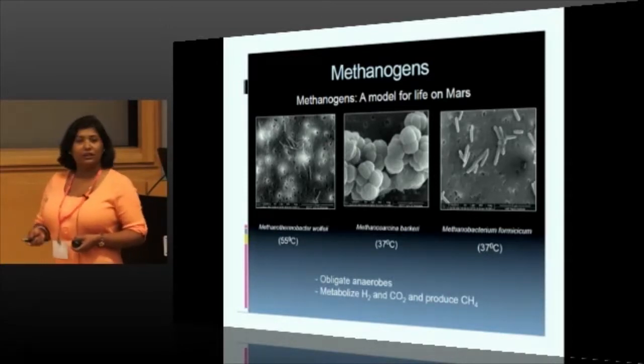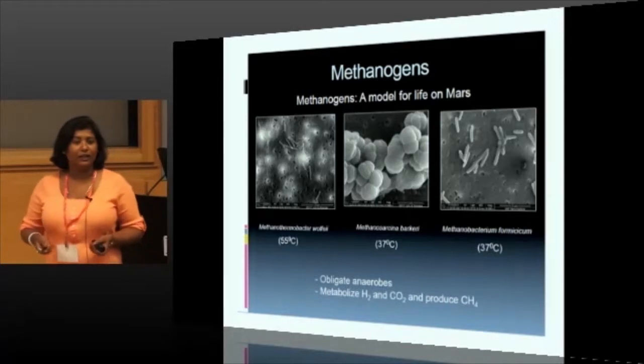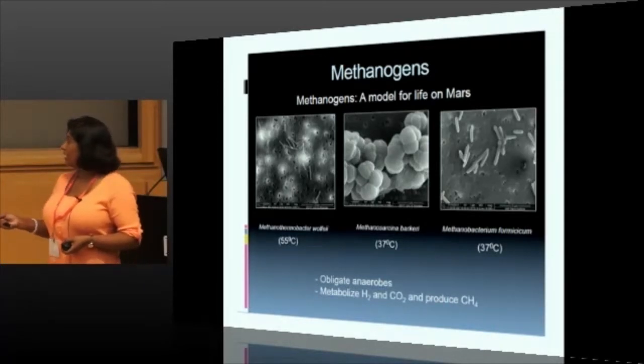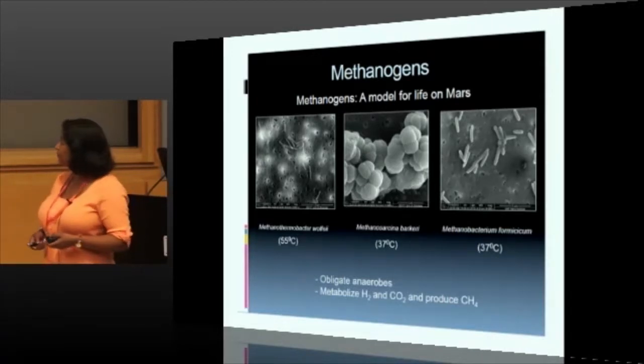We use three different types of methanogens in this experiment: Wolffii, Barkeri, and Formicicum. These are their optimum growth temperatures, and they are obligate anaerobes that use carbon dioxide and hydrogen and produce methane as a product of metabolism.